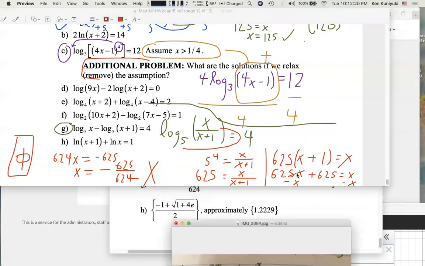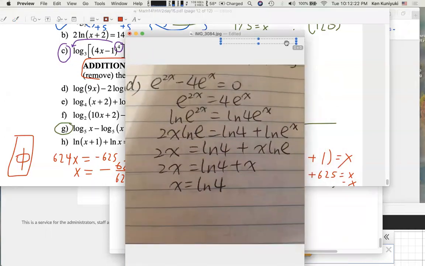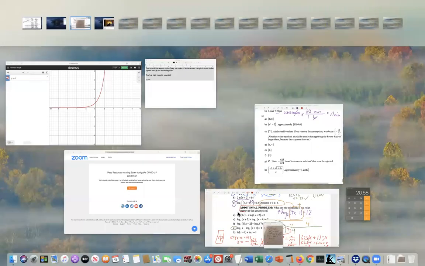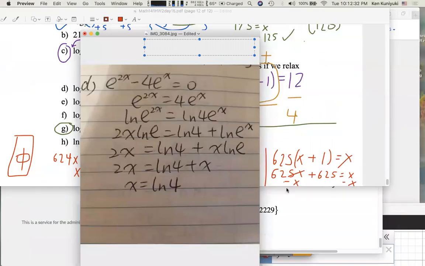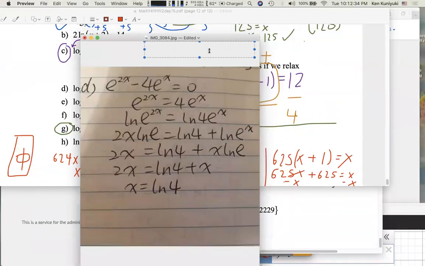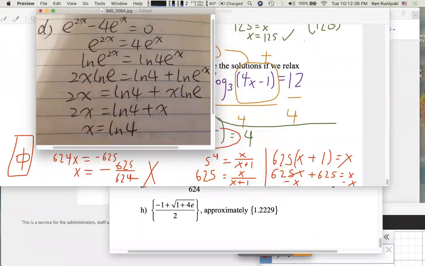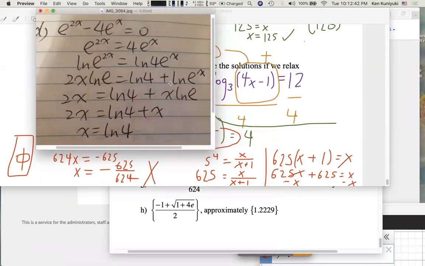I believe a student wanted me to check some work here on D. Okay, let's check the student's work here. Oh yes, this works also.